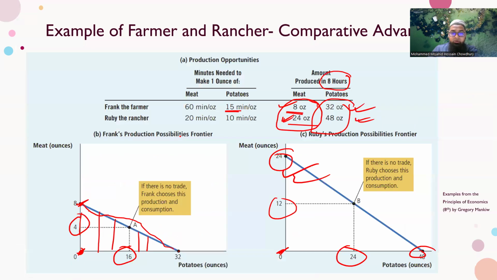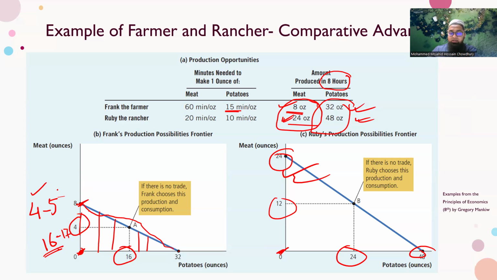So in this example you see, if France gives 50% of the time to produce meat and potatoes, they are coming up with 4 ounces of meat and 16 ounces of potatoes. But in the new case, it is suggested they will get 17 instead of 16, and 5 of meat.